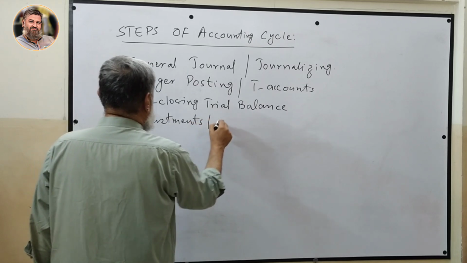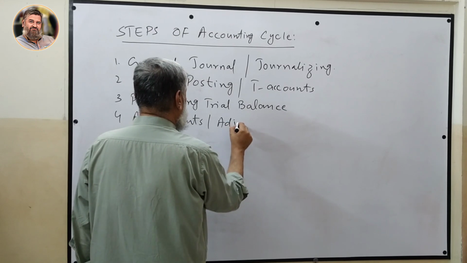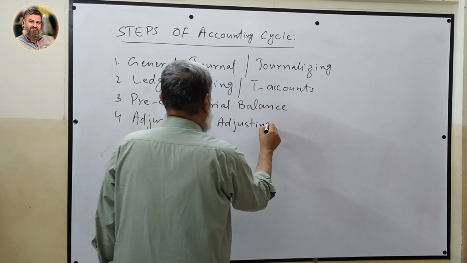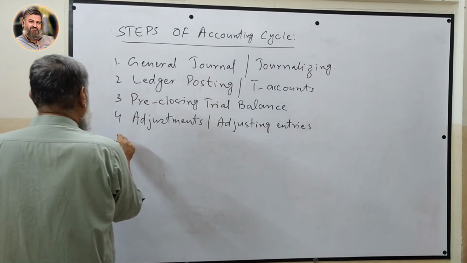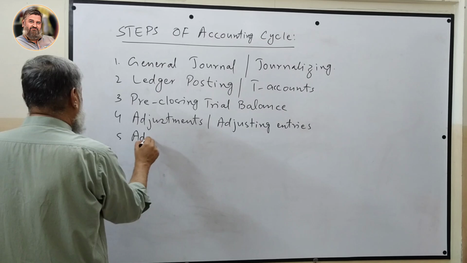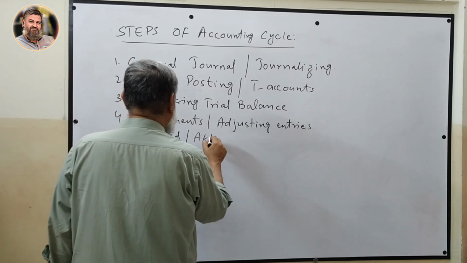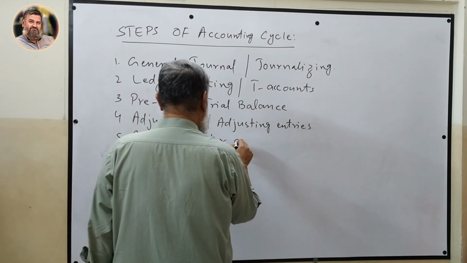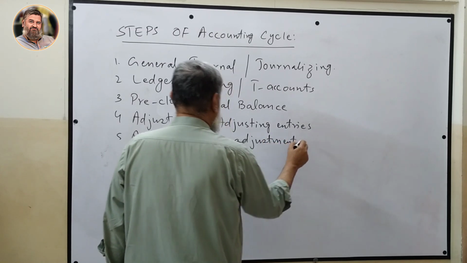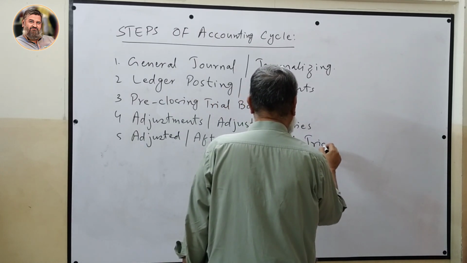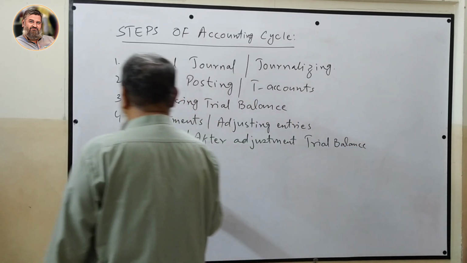The fourth step, the most important one, is called adjustments, or it is also known as adjusting entries. After that, we have another trial balance, which is called the adjusted, or by some authors the after adjustment trial balance.